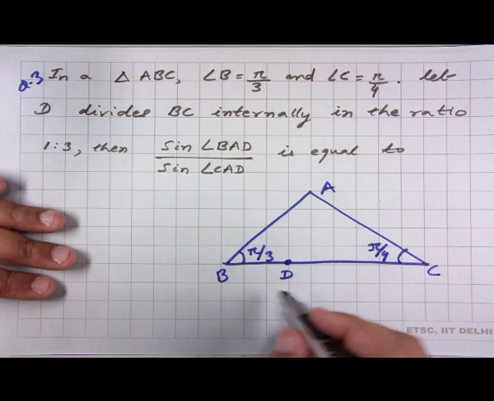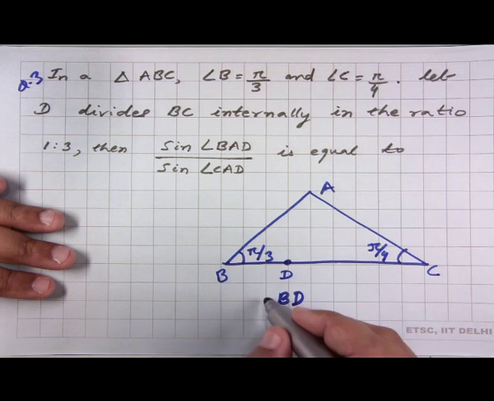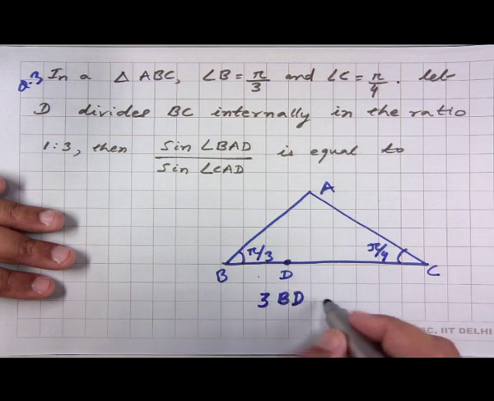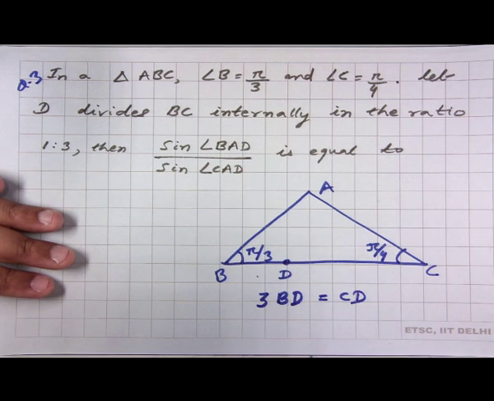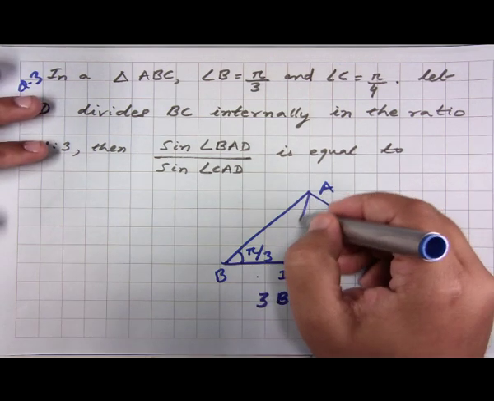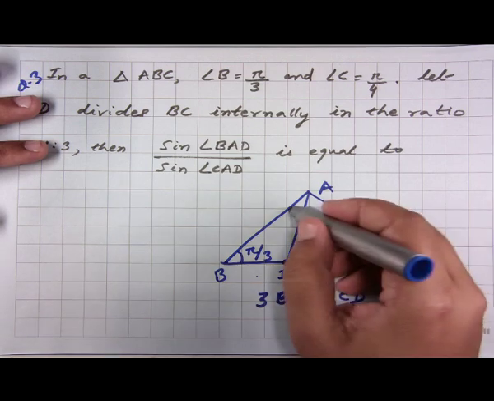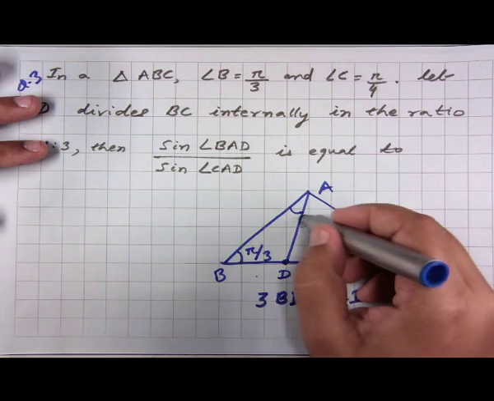So, D is chosen such that the ratio is 1:3, and therefore, 3 times BD is equal to CD. And then it is asking us to, so let us also join A and D. So, it is asking us to find the ratio of the sine of the angle BAD to the sine of the angle CAD, which is this angle.